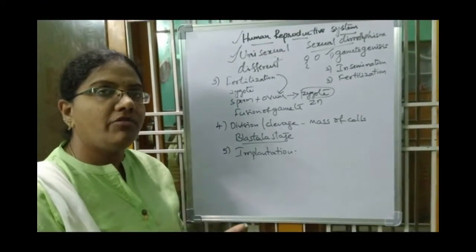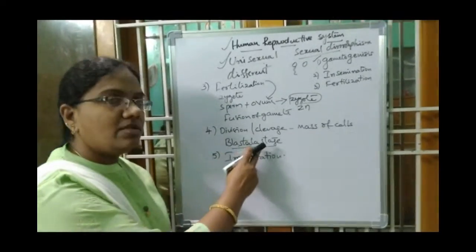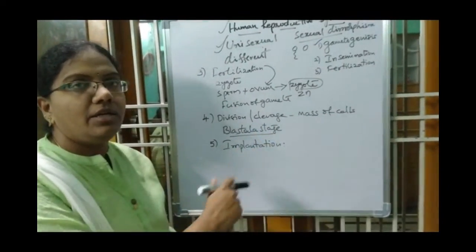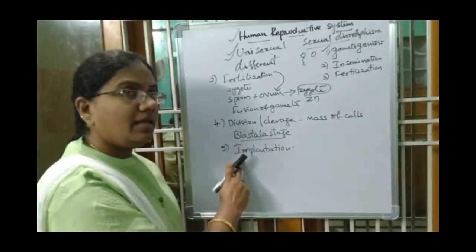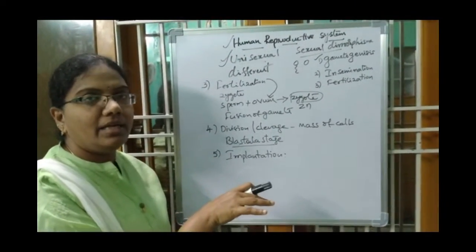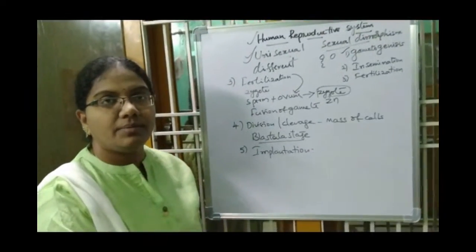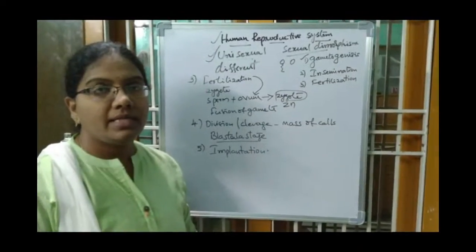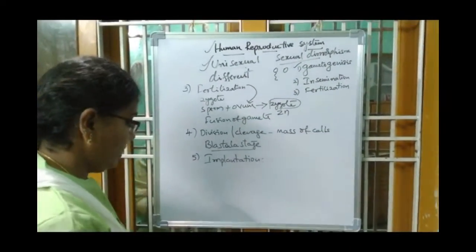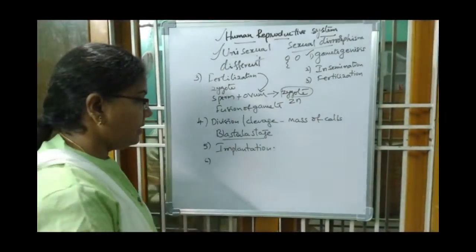The blastula stage is implanted at the uterus. That process is called implantation. The next phase, the sixth one, is placentation.